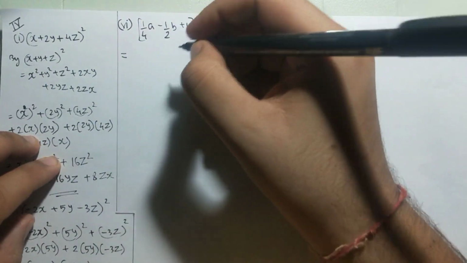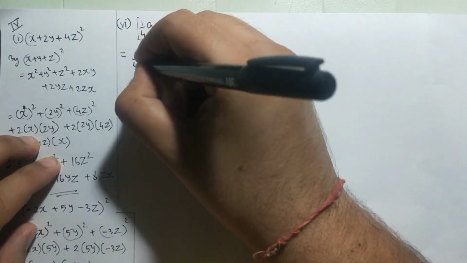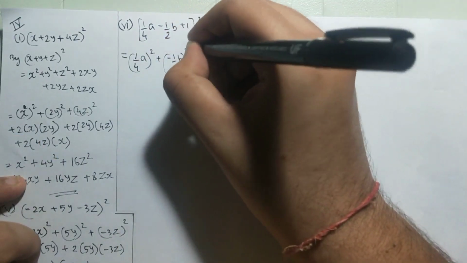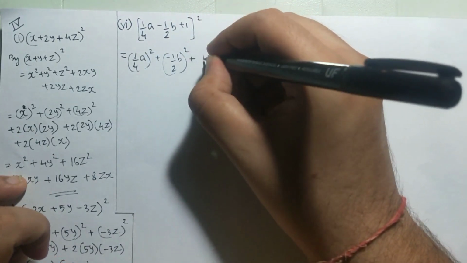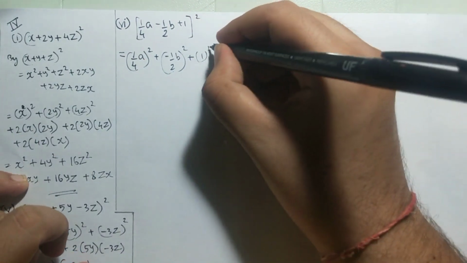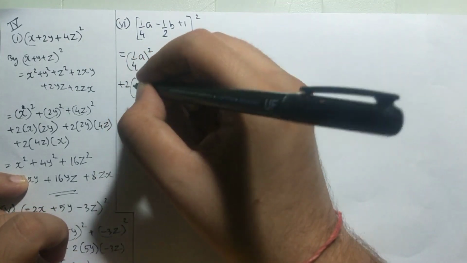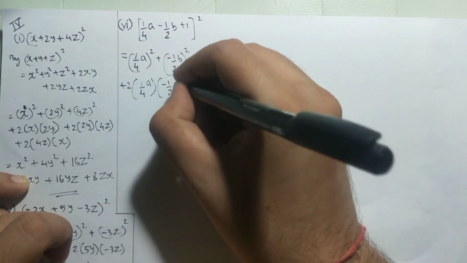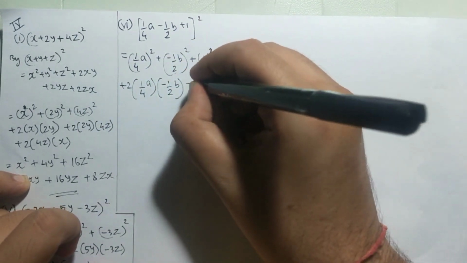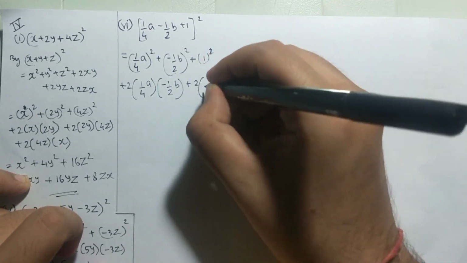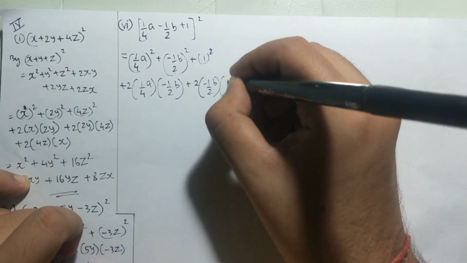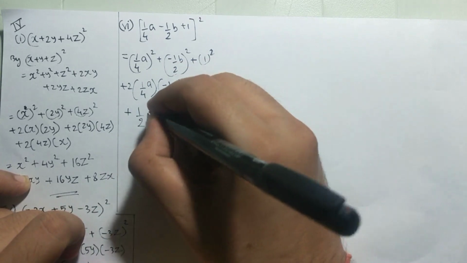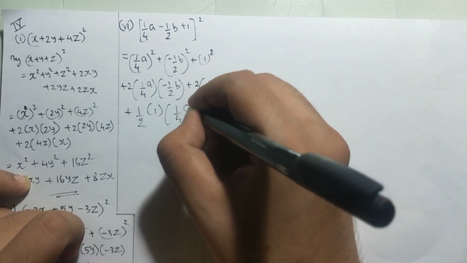That is x square, the first term square, that is 1/4a the whole square, plus minus 1/2b the whole square, plus z whole square, the third term whole square, plus 2 multiplied by first term into second term, 1/4a multiplied by minus 1/2b, plus 2 multiplied by second term into third term, minus 1/2b multiplied by 1, plus 2 into first term into last term, 1 multiplied by 1/4a.